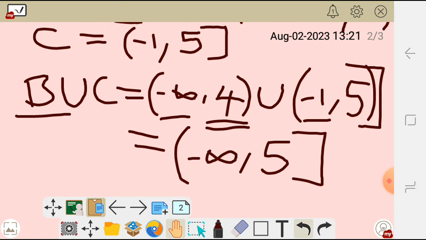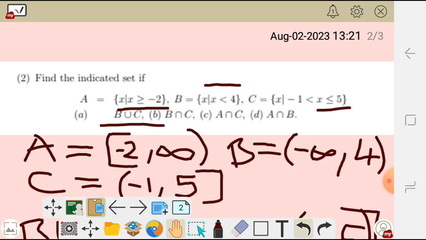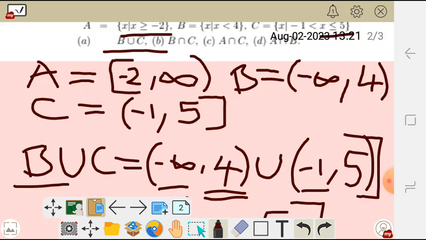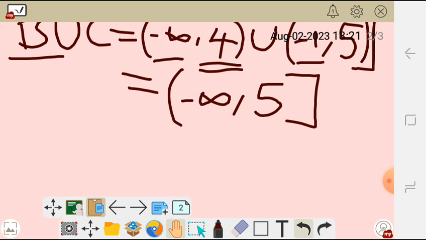Then let's write our answer in the form of set builder notation, because our question was in set builder notation, and it is advisable to write your answer in that form.